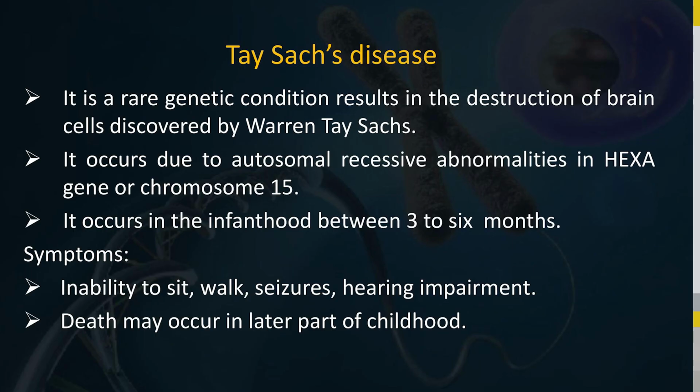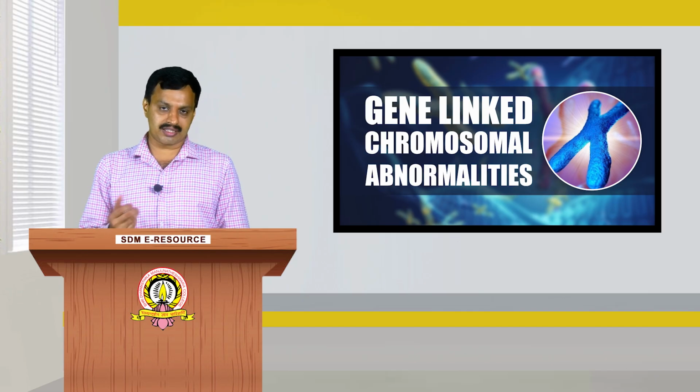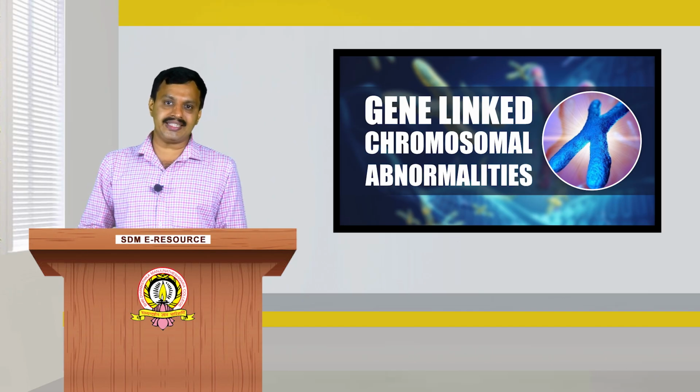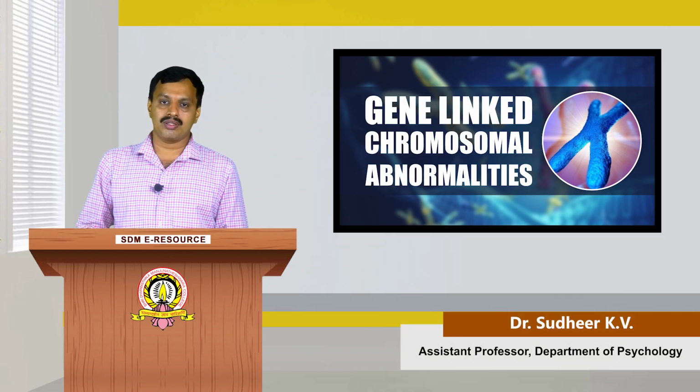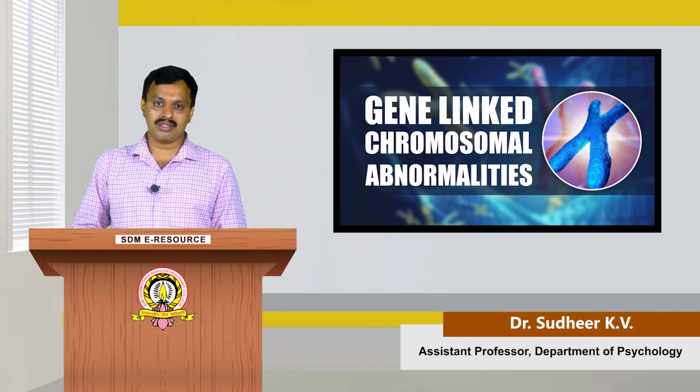First is inability to sit, walk or crawl, and seizures or fit-like symptoms are very common due to the degeneration of the brain cells. Hearing impairment is another clinical feature, and death of the infant is possible in later ages because of complete neurological degeneration.